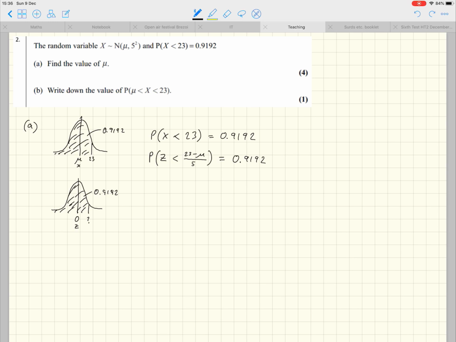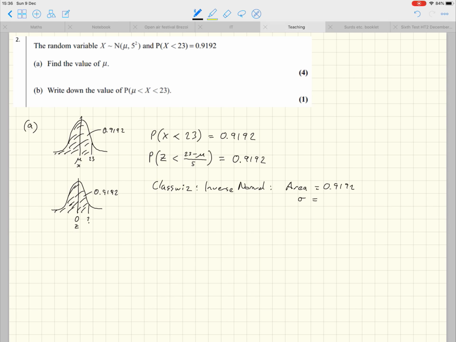So on the ClassWiz, go into the distribution mode and then inverse normal, and it will ask you for a few pieces of information. We need the area, that is the probability, so 0.9192. It also wants sigma.